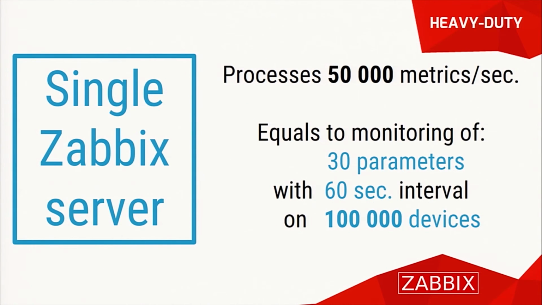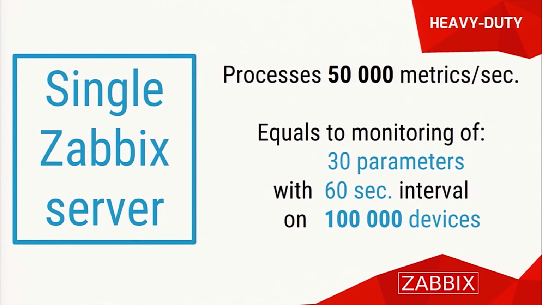And talking about Zabbix as software, it's pretty heavy duty. The server itself is written in C language. The agent and proxies are written in C language. So basically, this is what a single Zabbix server is capable of.